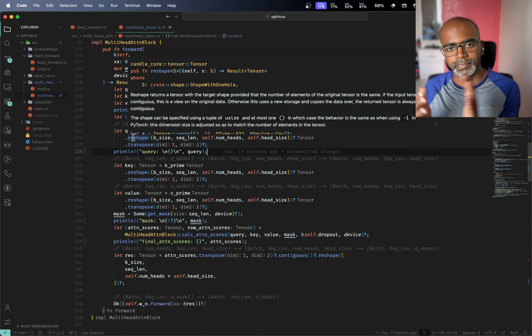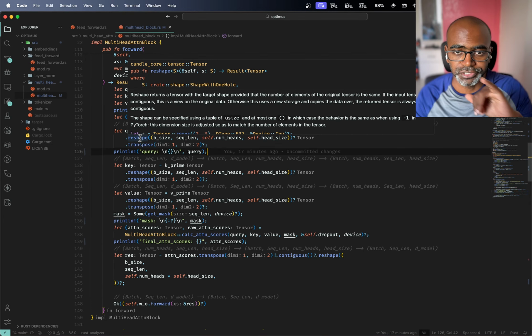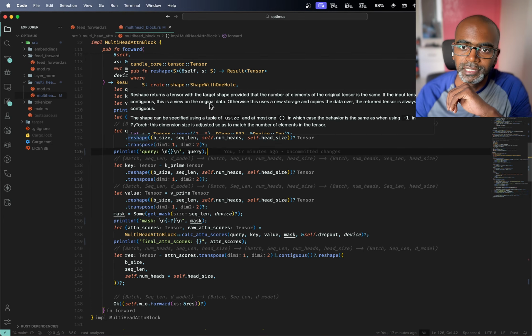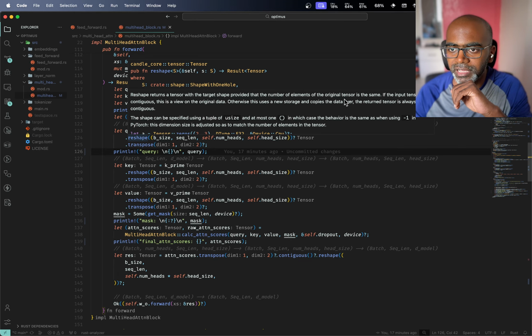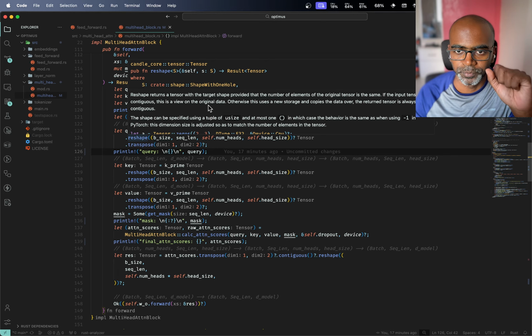Otherwise, it's actually going to do the copy, as the documentation suggests: reshape returns a tensor with the target shape. The number of elements is the same. If the input tensor is contiguous, this is just a view. Otherwise, you create a new storage and copy the data over, and the returned tensor is always contiguous.